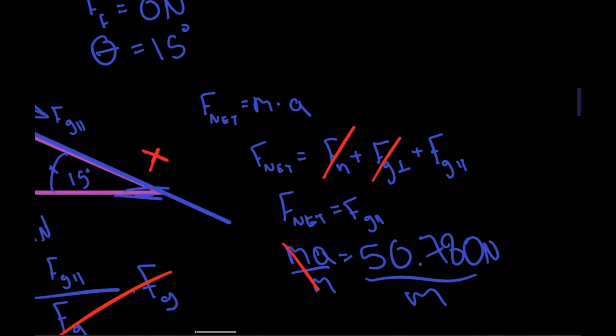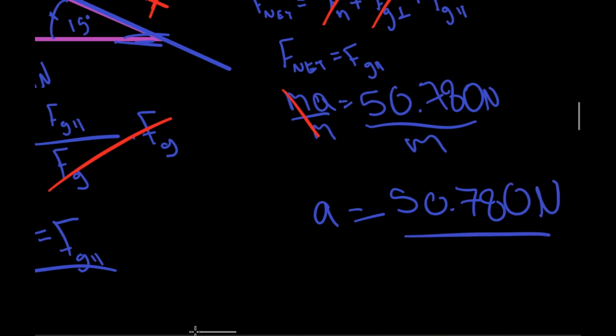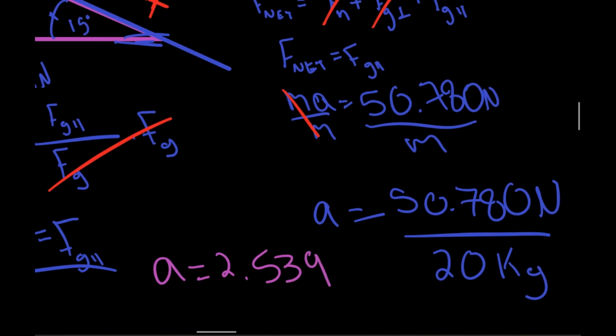So then we're left with acceleration is equal to 50.780 newtons over the mass of the object, which was 20 kilograms. So let's see what that equals. Acceleration equals 2.539. And remember, use correct units. When you're accelerating, you're changing velocity per second, so we write this as meters per second squared. And that's our answer.